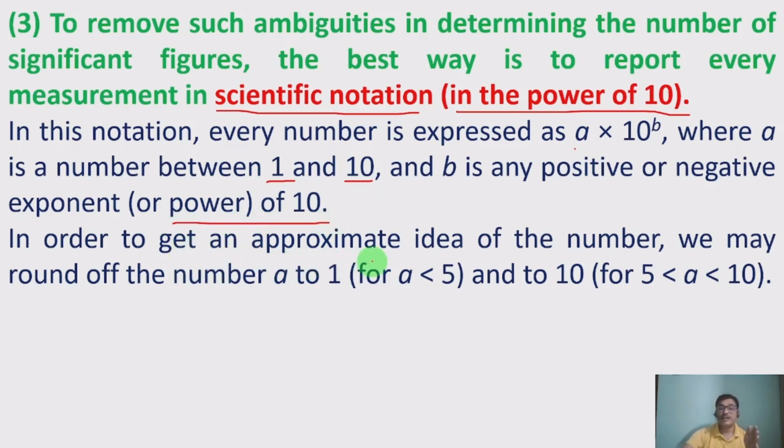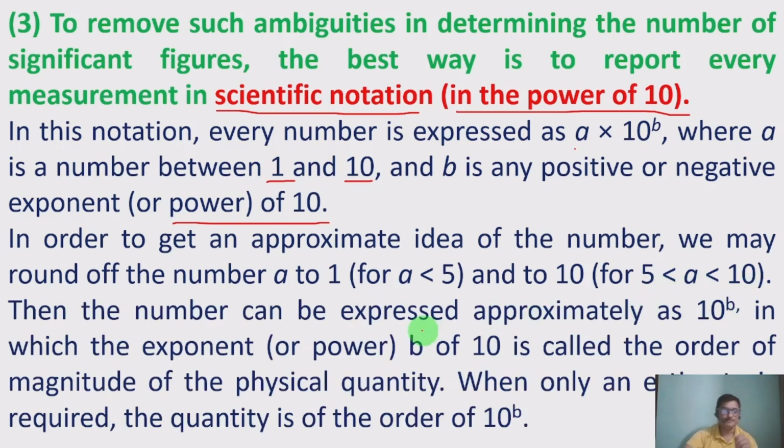In order to get an approximate idea of the number, we may round the number a to 1 for a less than 5 and to 10 for a between 5 and 10. That is the approximation idea we can take.